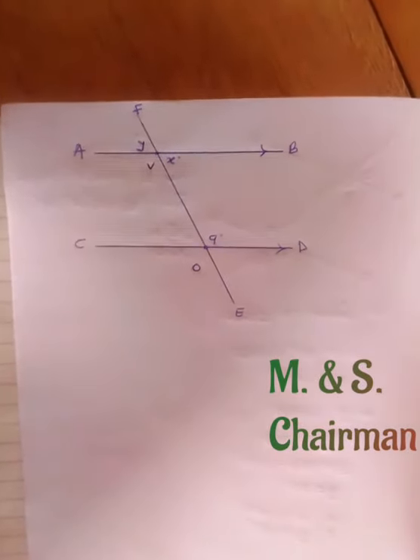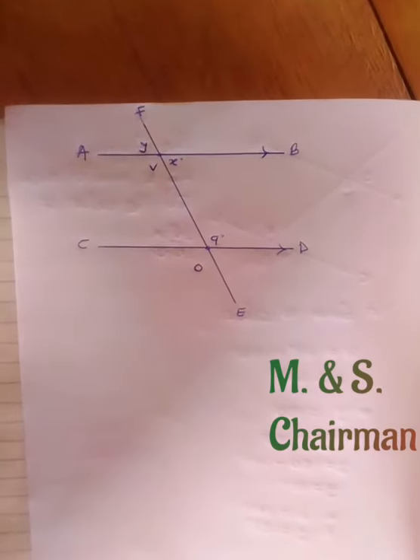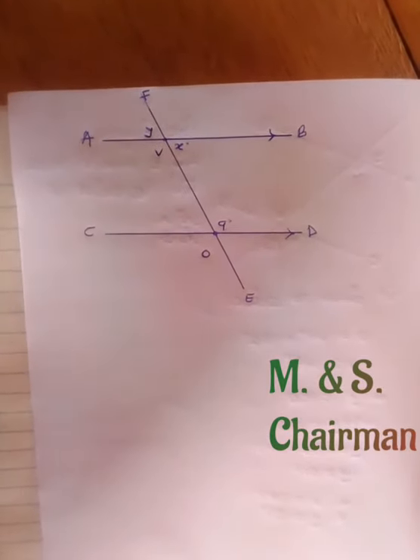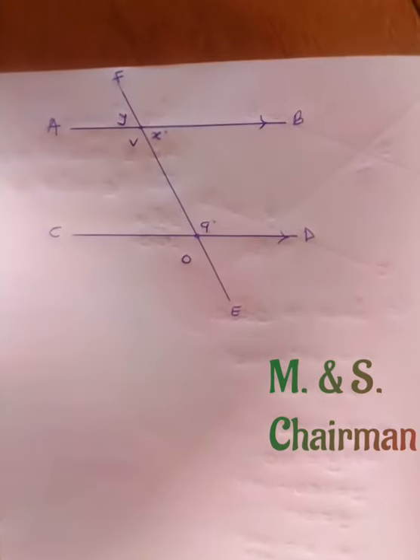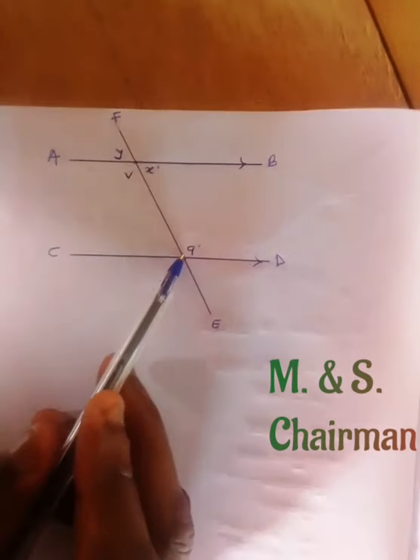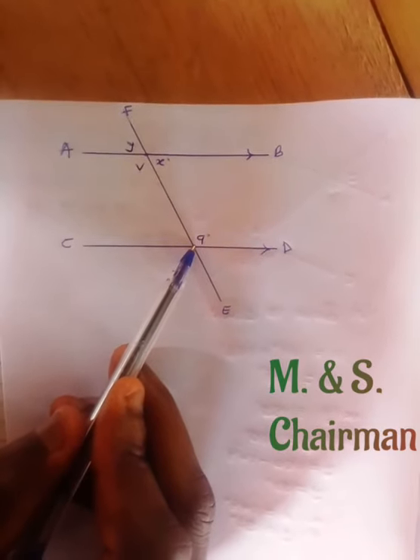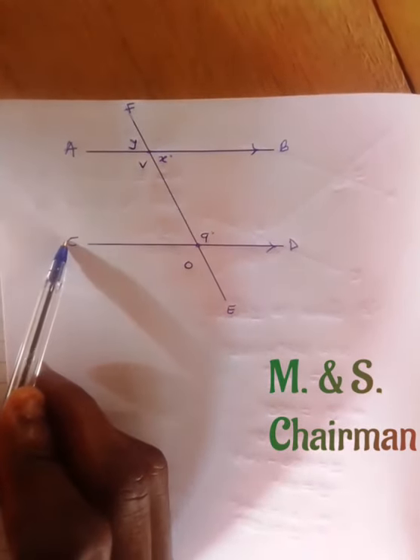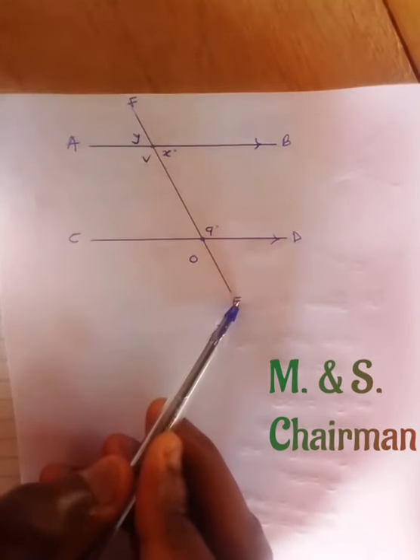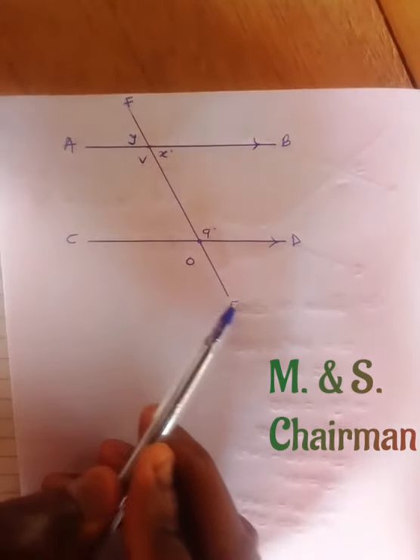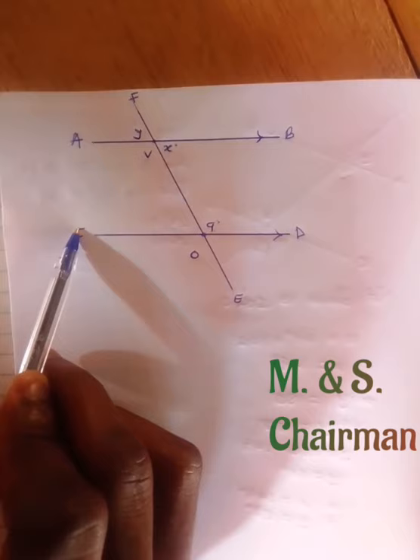So in a question, if they ask you to find angle EOC, bear with me, the O is here. Which side would I trace to get my C and E? If I trace this side, I'll get C. If I trace this side, I'll get E. So angle EOC, this is it.